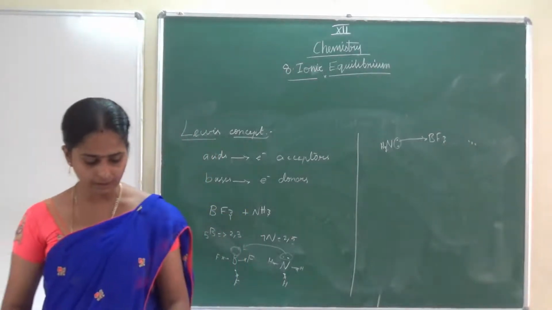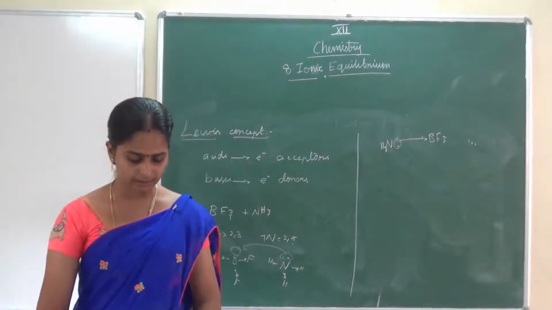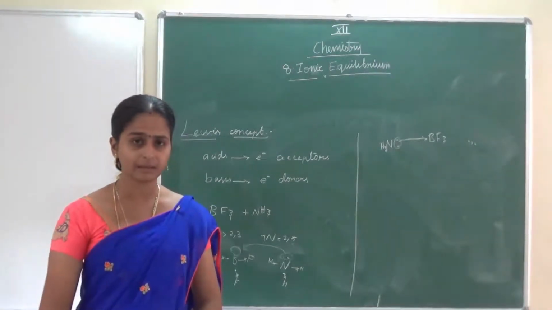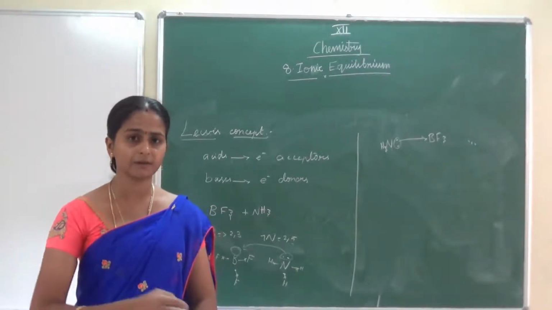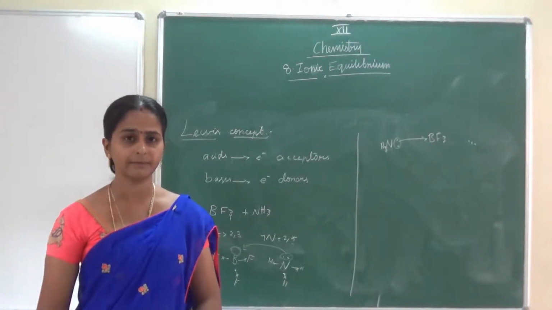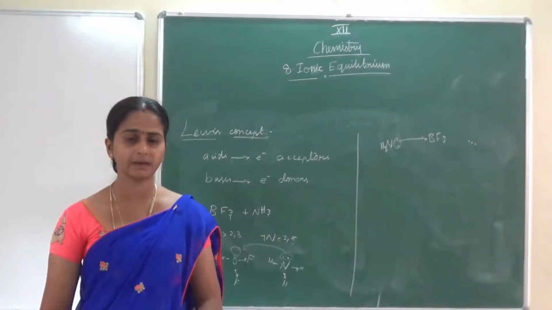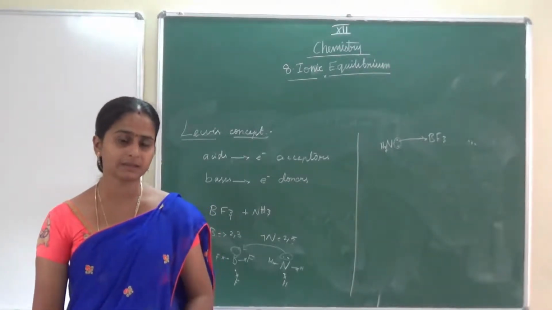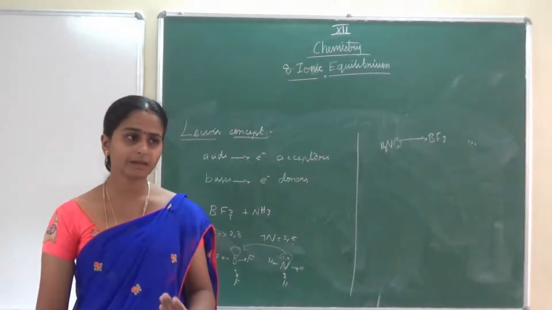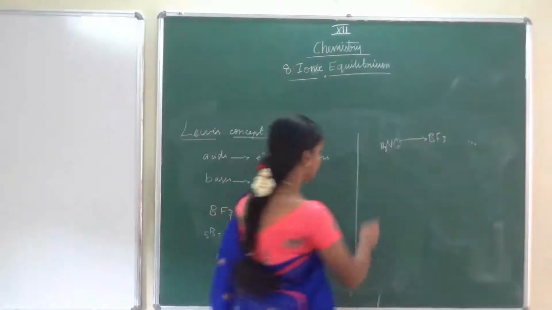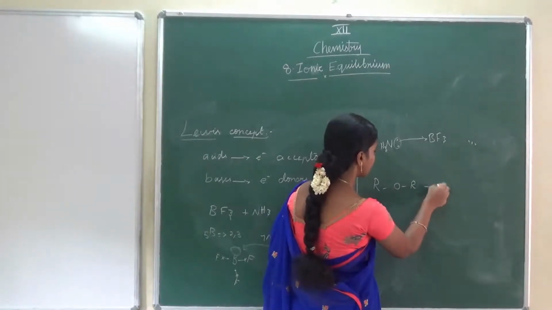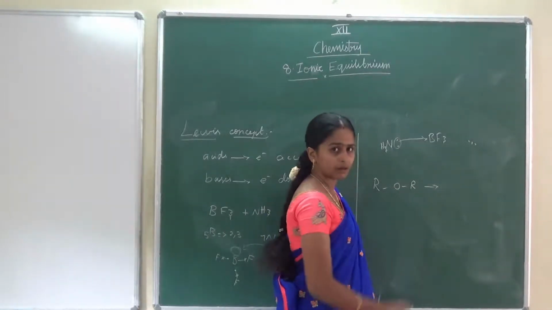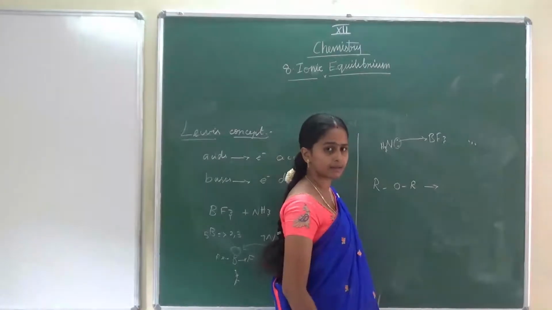So they have given some examples. Just go through this because they may ask a question like, among the following which is not a Lewis acid or which is a Lewis base. Maximum they ask one question. Ethers, the general formula ROR. According to the Lewis acid base concept, ethers are, like that they will ask.